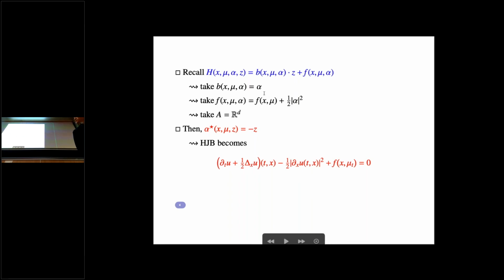So you choose b of alpha as being alpha, so you directly control the velocity of the particle, and what you pay, in your running cost, you split the running cost into the sum of two things. There is one kinetic energy, the square of your velocity, and one potential energy for the interaction between x and the rest of the population. So this is f of x and mu.